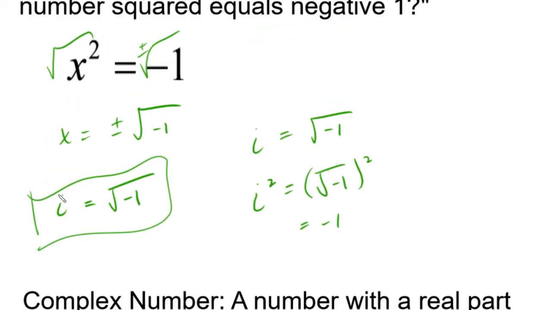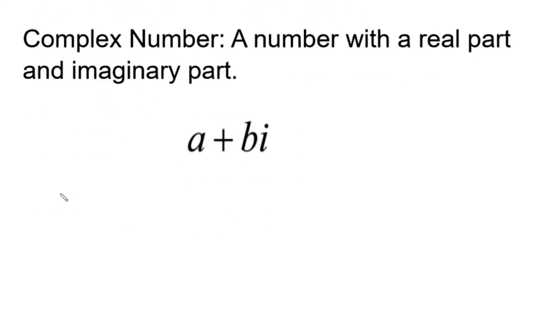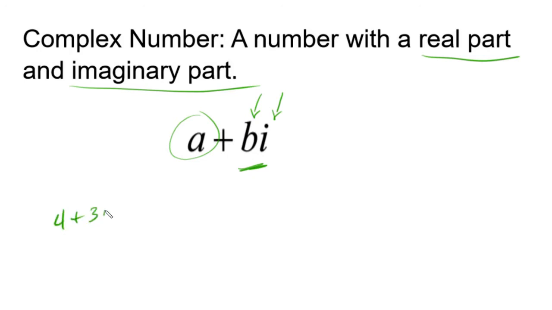So there's our complex unit. A complex number is a number with a real part and an imaginary part. So this is the real part. This is going to be some real number. And then this is your complex part, a real number tied to your complex unit i. So some examples of complex numbers: 4 plus 3i, 2 minus 6i, pi minus ei.